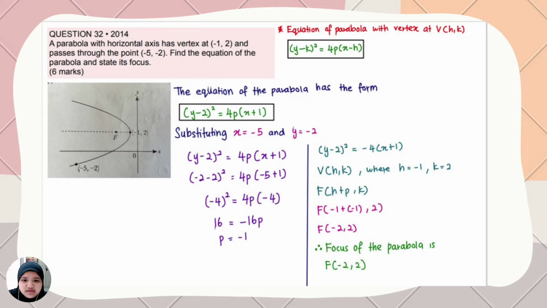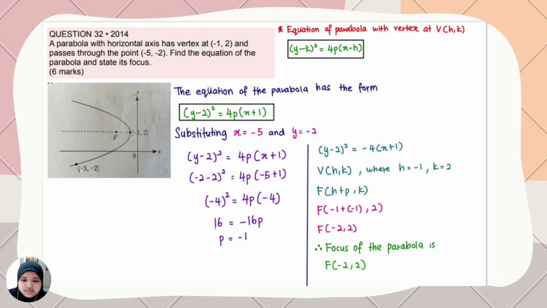To get the equation of the parabola, we just have to look at which direction the parabola opens. The parabola opens to the left, so we use the formula (y minus k) squared equals 4p(x minus h).